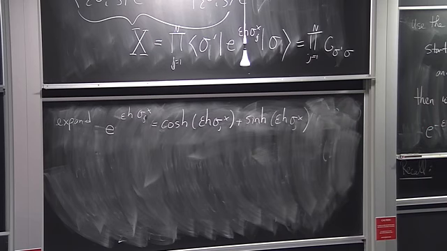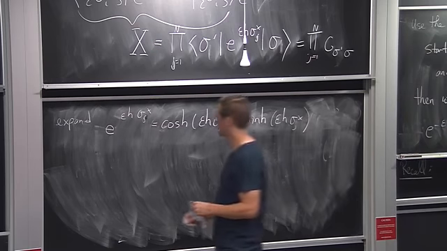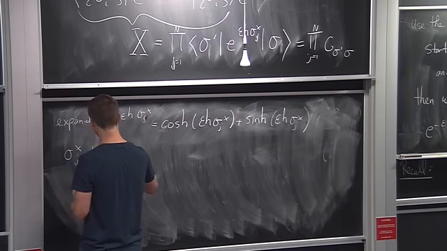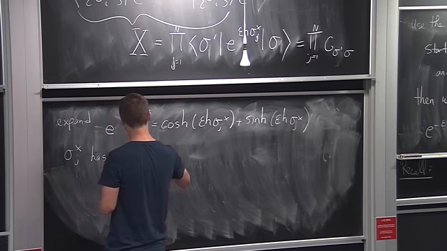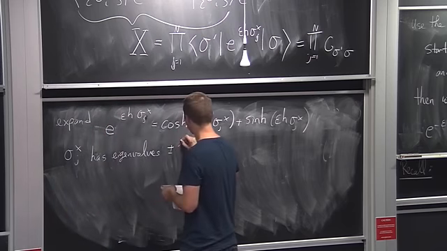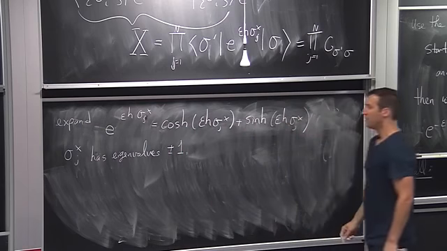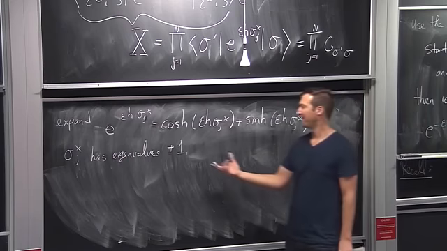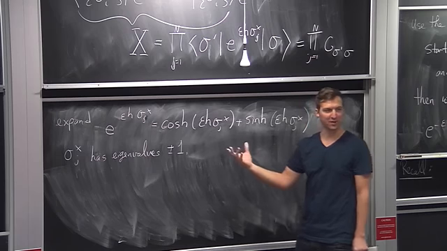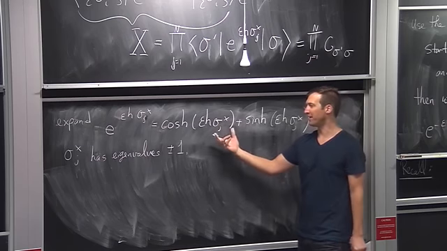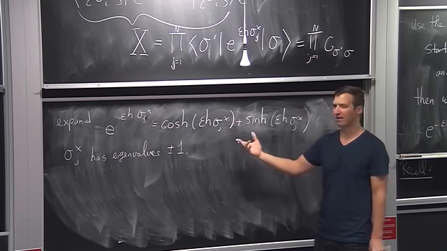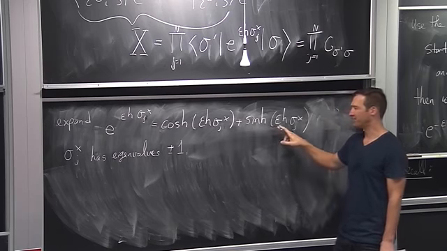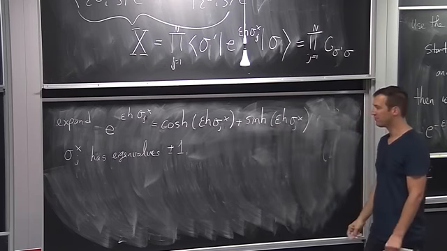The reason you do this is because sigma x has some simple eigenvalues. You either get a plus or minus 1. You always define a function of operators through its Taylor expansion. So you can imagine expanding out cosh and sinh: you would get 1 plus sigma x squared, and then something like sigma x plus other higher order terms.